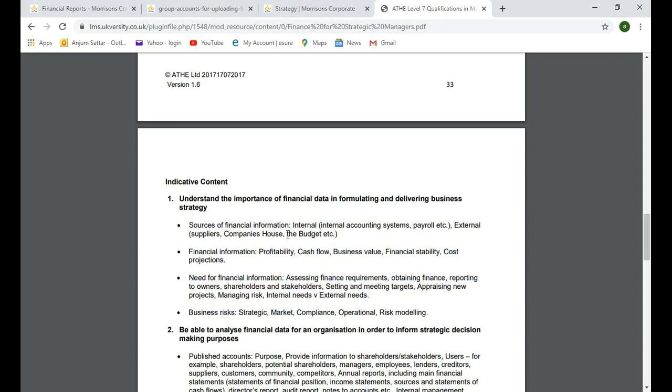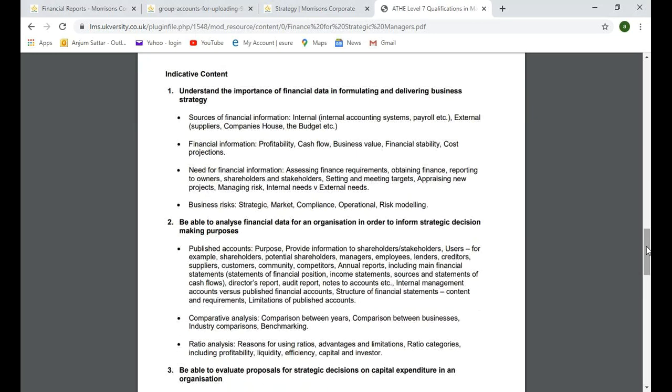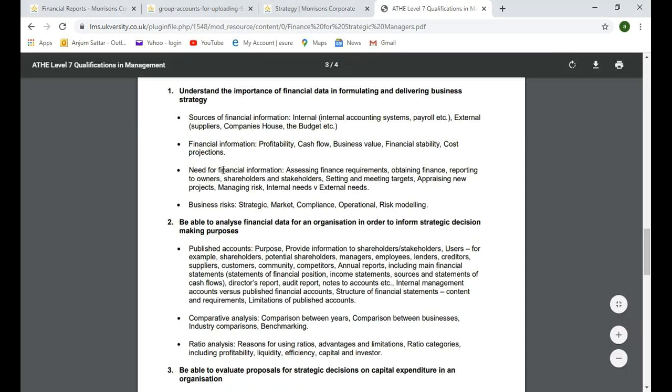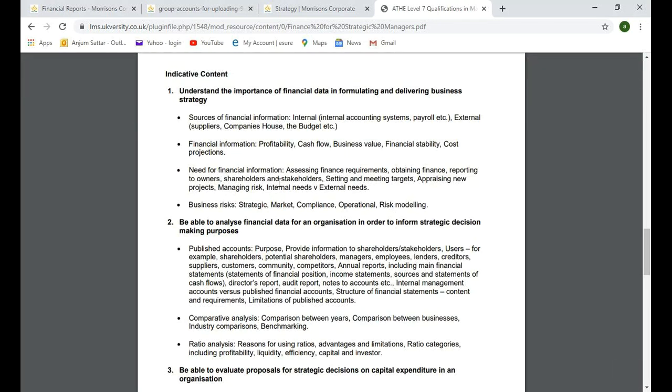So we'll discuss sources of financial information, internal, external. Financial information, profitability, cash flows. We can look at the financial statements, which will help with projections for the future as well, and the need for financial information, why we need it in our organization. Of course, we need it to make various financial decisions for the future.